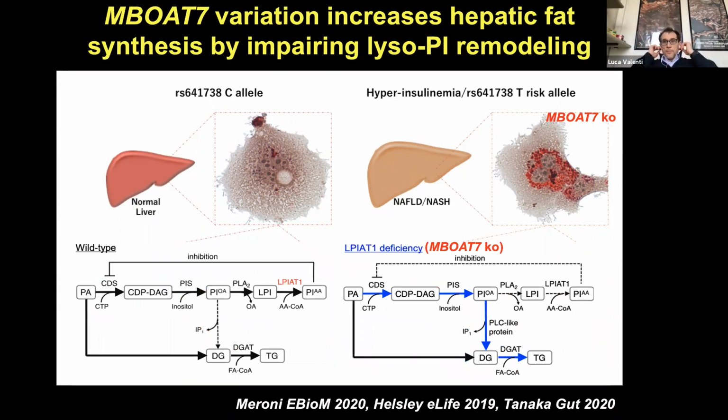And another possibility, as highlighted by the Japanese group, is that the reduced amount of phosphatidylinositol bound to arachidonic acid in the hepatocytes will not be able to inhibit CDS, leading to an upregulation of the synthesis of CDP-diacylglycerol, and the synthesis of triglycerides by this alternative pathway.